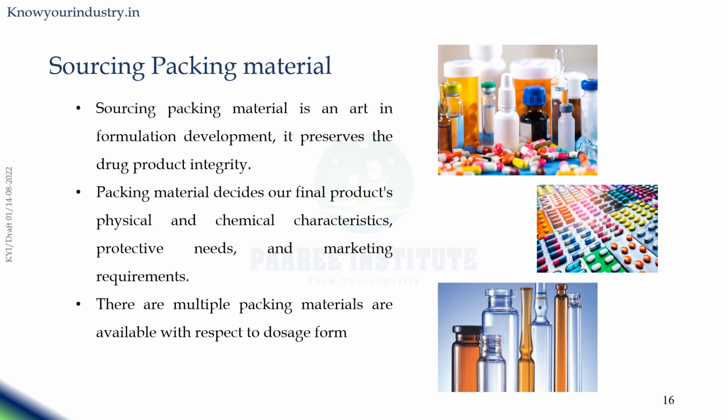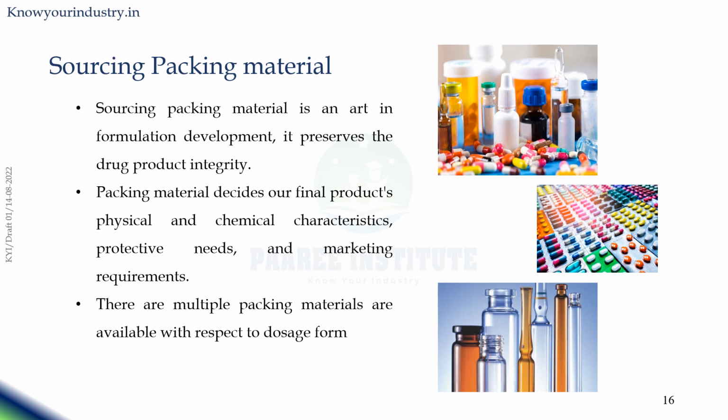You have to give high equivalency as that of your excipients and active pharmaceutical ingredients, because all these components interact with your drug product and give you stability based on the quality of the packaging material.